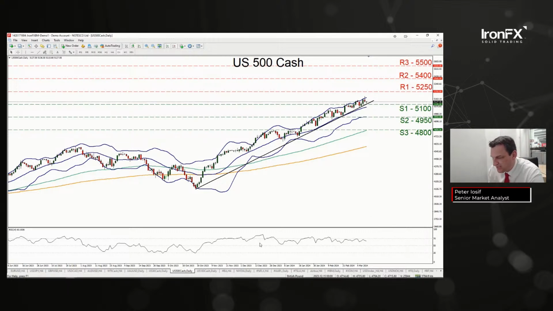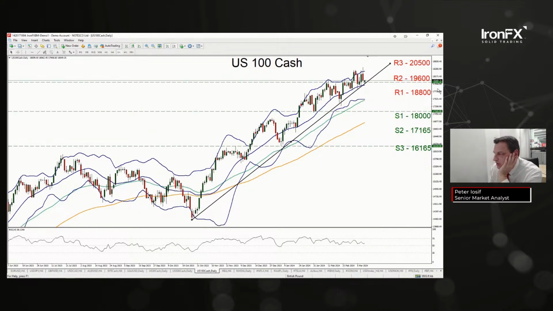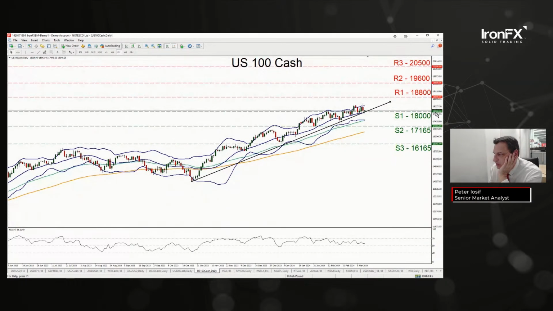For a more specialized view, I would have a look also at NASDAQ to see the high-tech companies. Let's drill into it, this is the daily chart already. And in my opinion, there's still a bullish outlook.